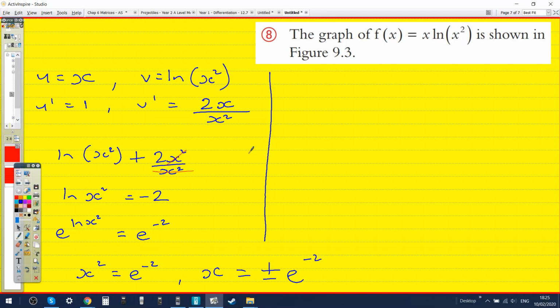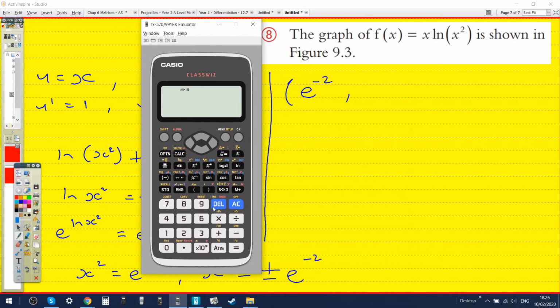Using the calculator, it would be plus or minus root e to the -2, so plus or minus 0.367. And then you put that in the equation at the top to find y. You could also do it exactly.